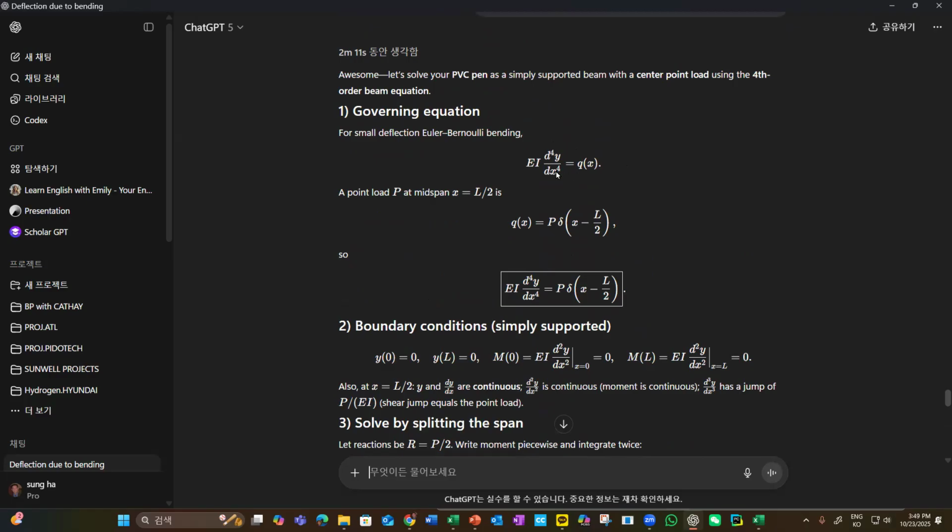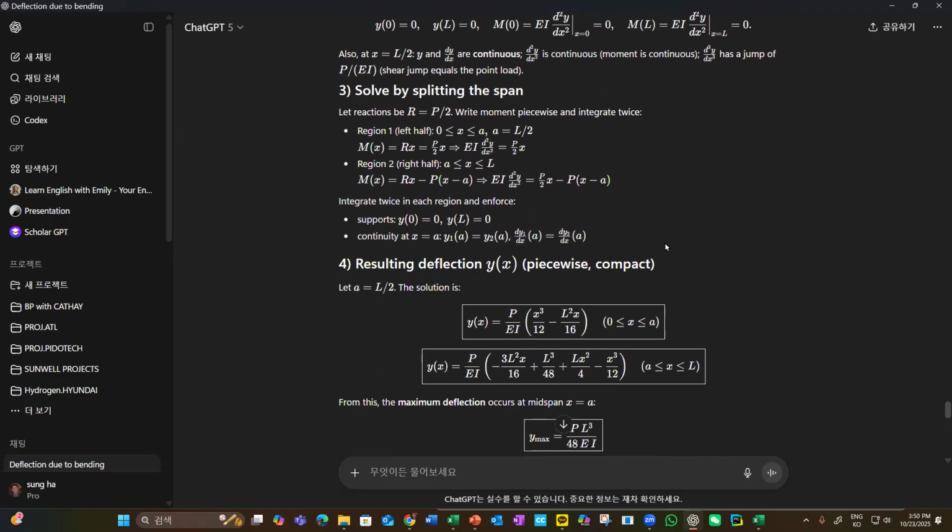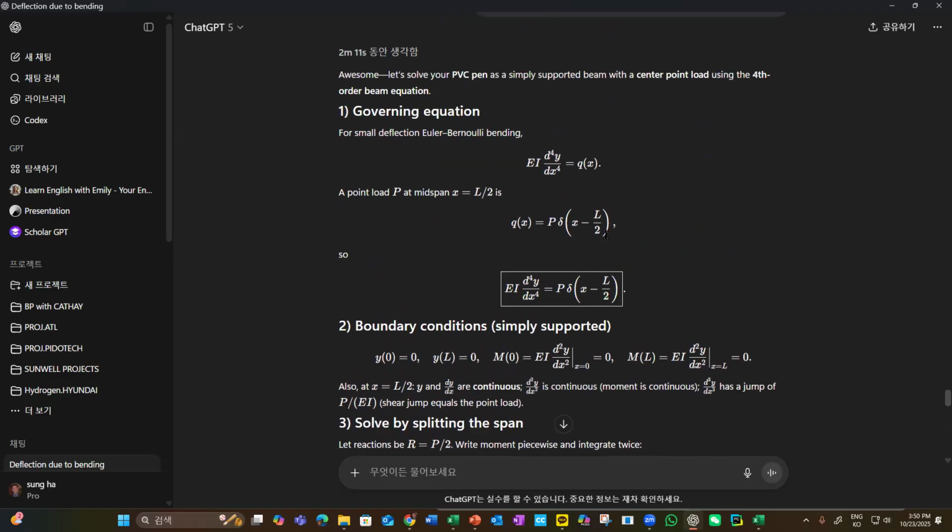So this contains all five steps here, and this is the boundary condition here. As you can see, q is the external force, EI is the material property, y is the deflection. This is exactly what we are saying in the flow chart.